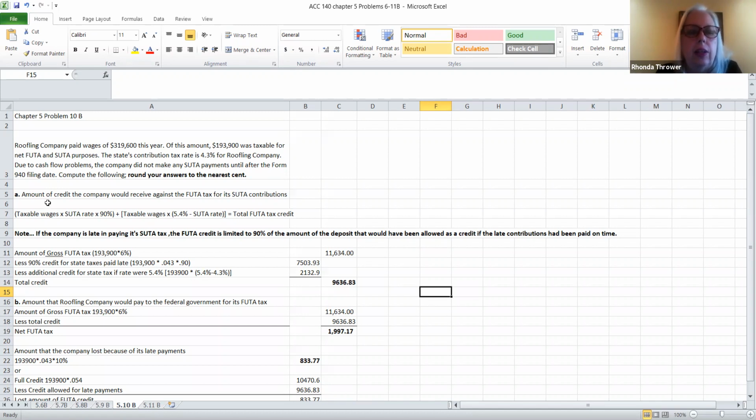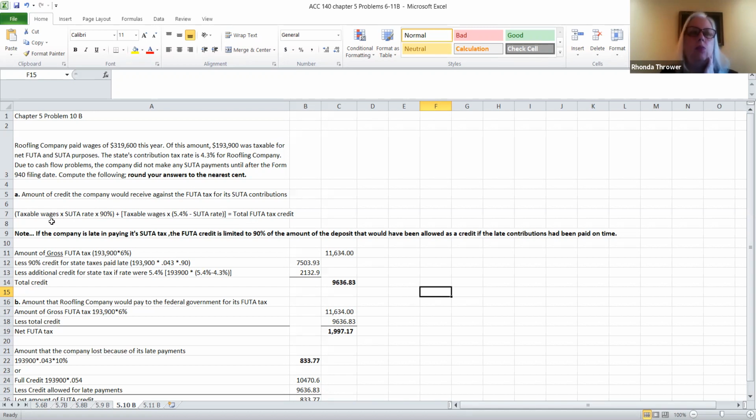In A, the amount of the credit that the company would receive against FUTA taxes for its SUTA contributions. Remember, FUTA taxes are subject to a credit of 5.4% if the state taxes are paid on time, which in this case, they were not paid on time. So there's a formula that you can use, and that formula is right here for calculating the credit that the company could receive.